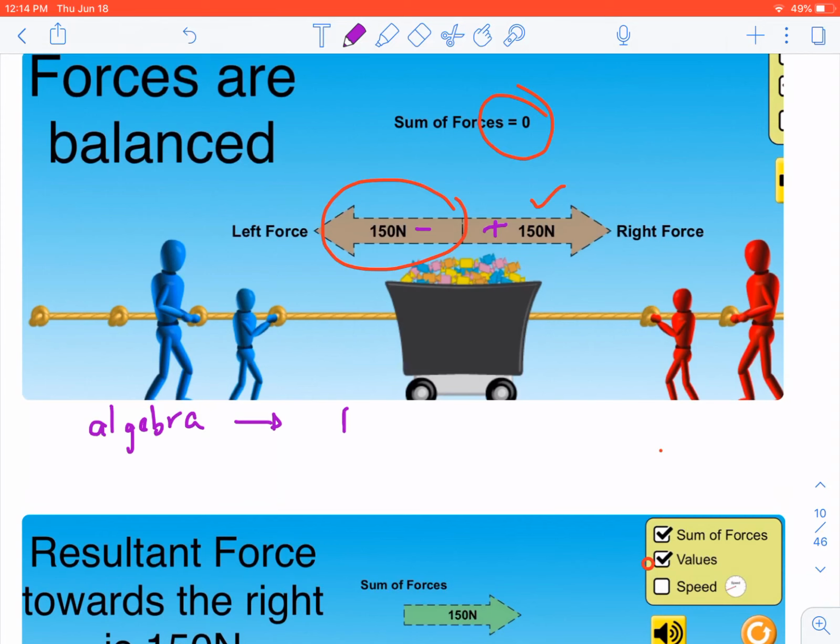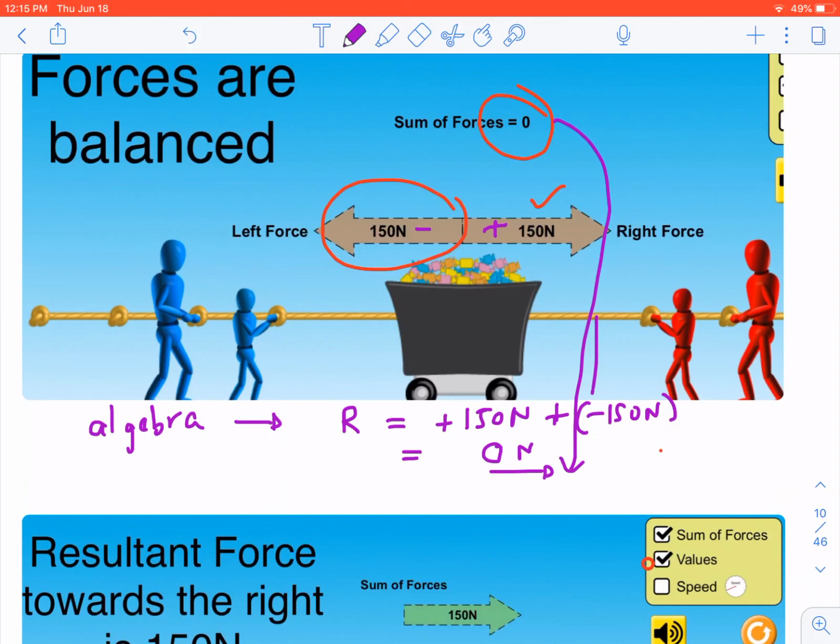The resultant would be, in this case, plus 150 to the right, plus minus 150 to the left, and what does it give us? 0 newtons, which concurs with this. So the resultant is 0.